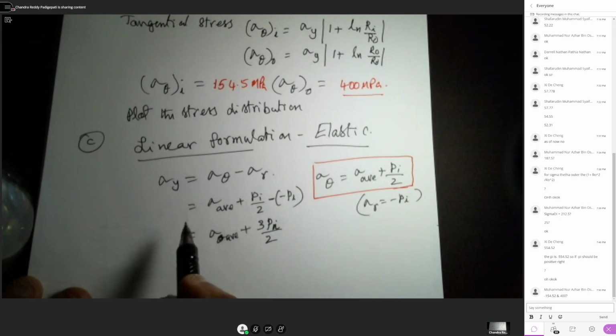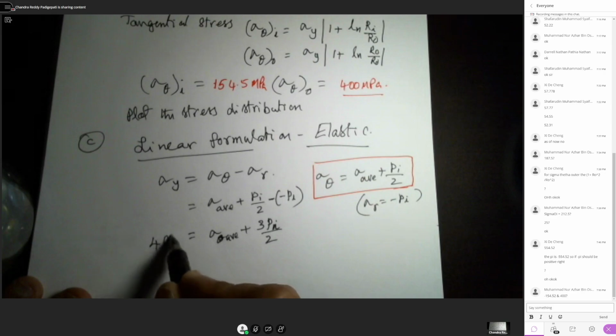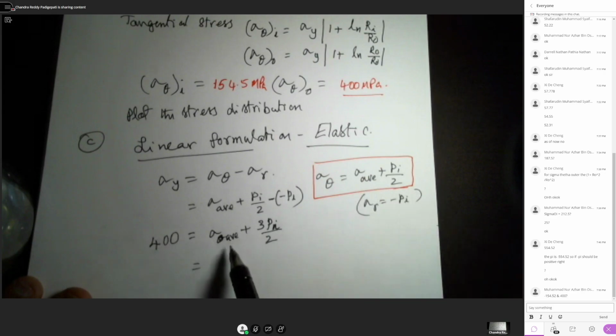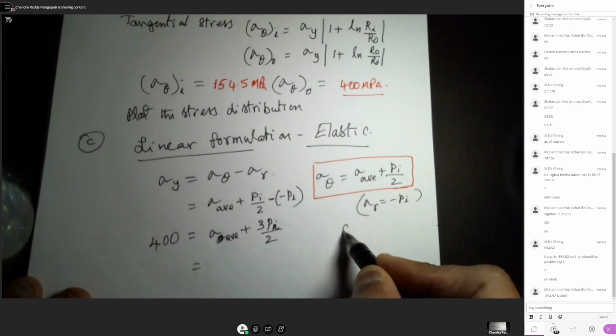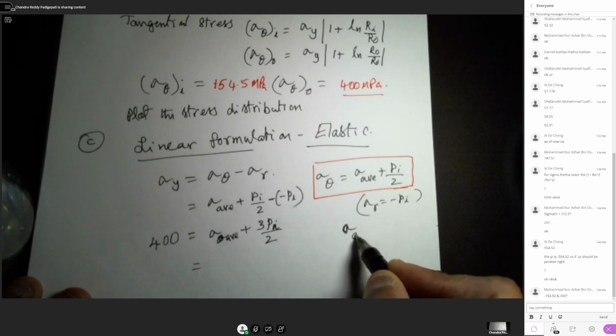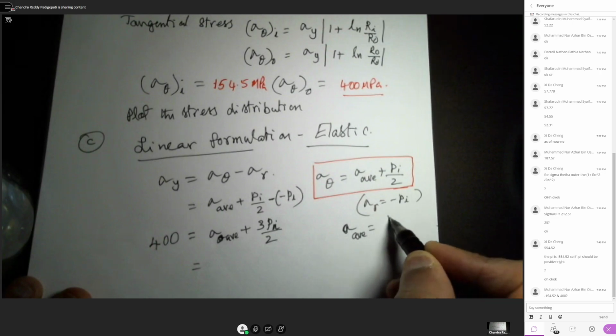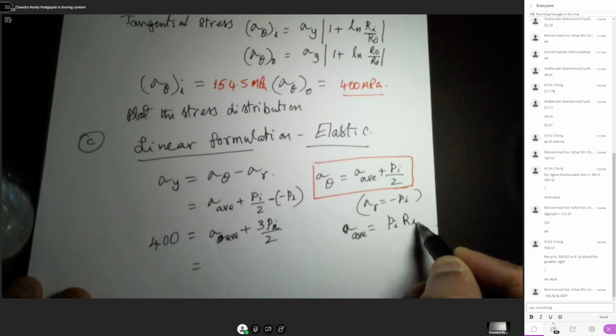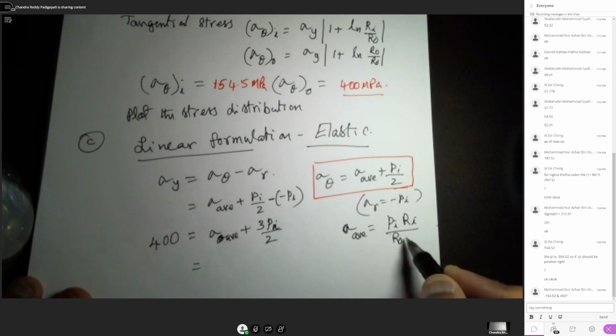So sigma y, we know the value, 400. So sigma average is pi ri over ro minus ri.